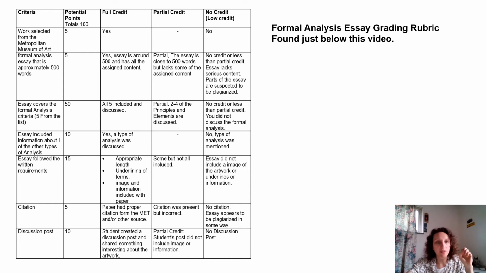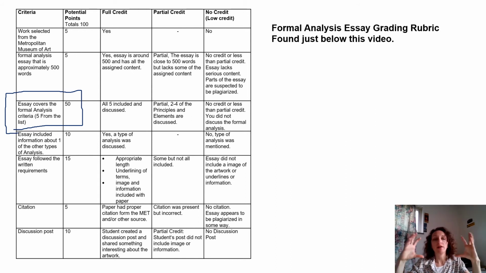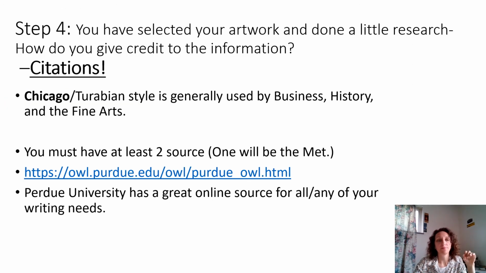You can definitely see where the bulk of the points are coming from, which is that formal analysis, right? Discussing all 5 of those principles and elements of design and how they're used in the artwork. All right, and then everything else is there also. Little housekeeping things like must be selected from the Met, that kind of stuff. All right.